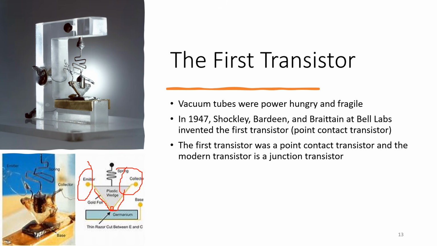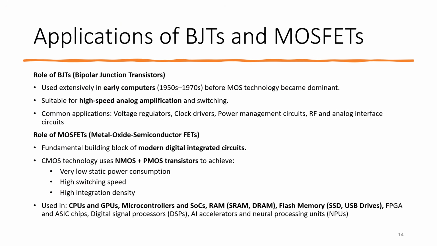That's why we use the term point contact transistors. Generally, we study junction-based transistors in this course. This is the first transistor invented by the scientists at Bell Labs, and you can also see physically how it looks.